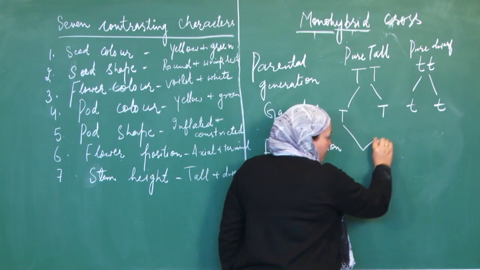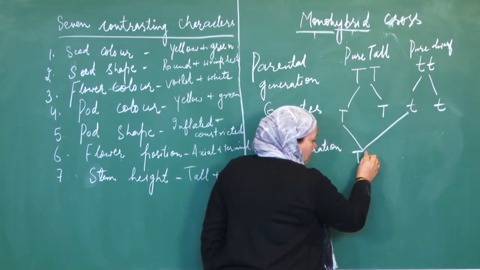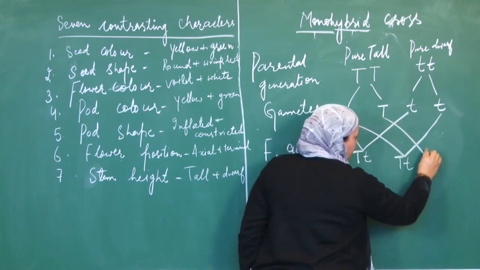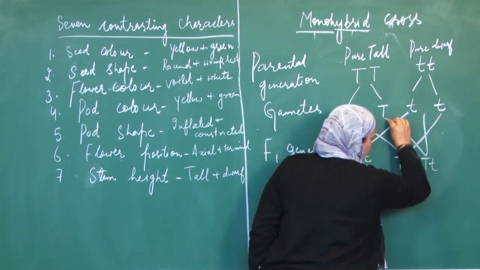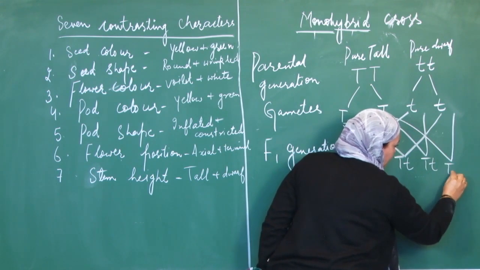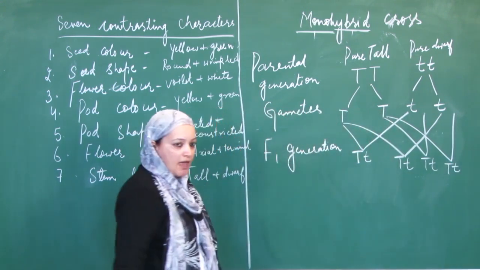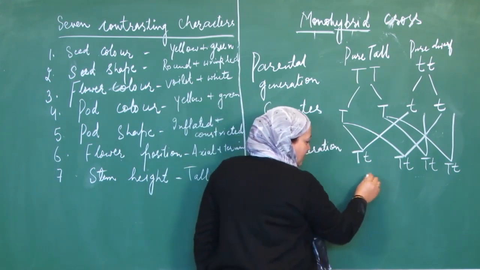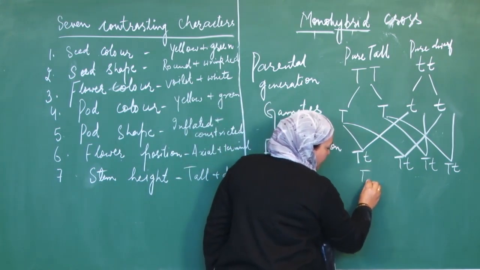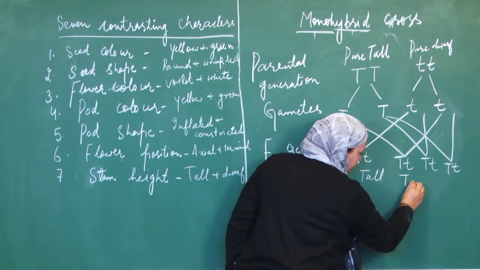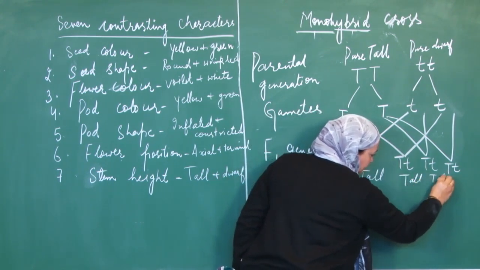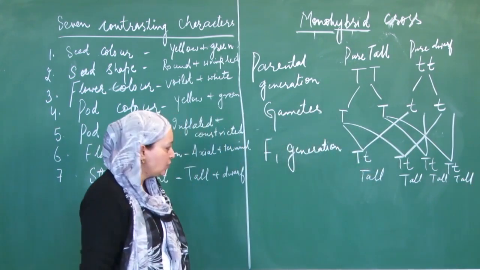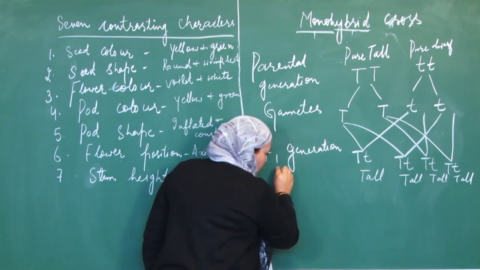So, in the F1 generation, he got the plants which were all tall. This was the phenotype.